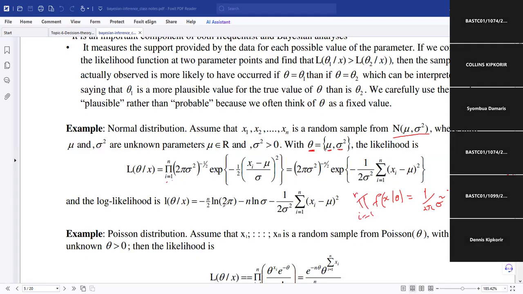So when I get the product of that, this is a constant. If you are multiplying a constant n times, it will be raised to power n. So it will be 1 over 2 pi sigma squared, the whole of this raised to power n. But since I have written the square root, it is raised to power negative 1 over 2.